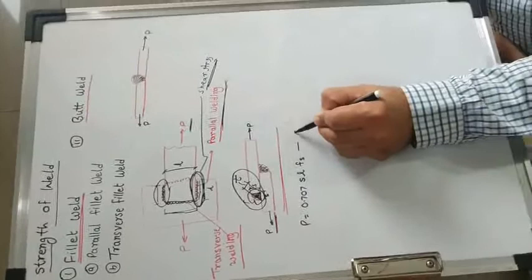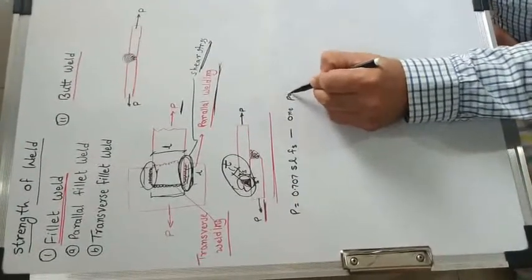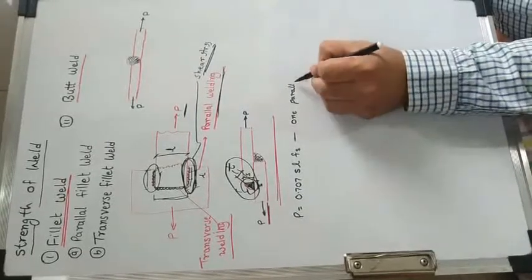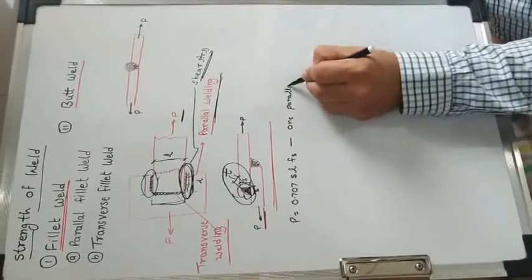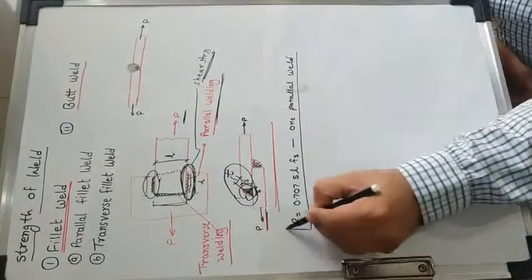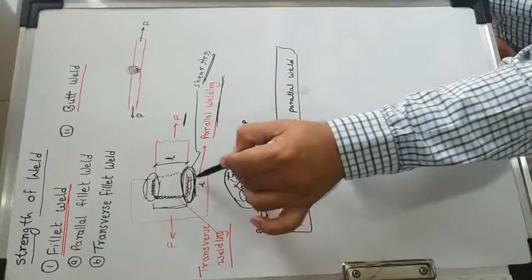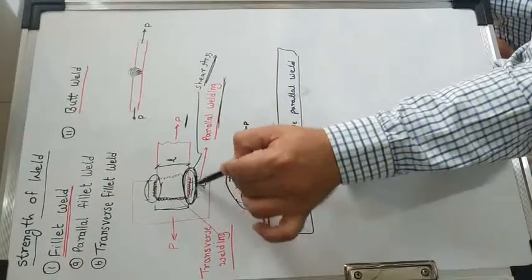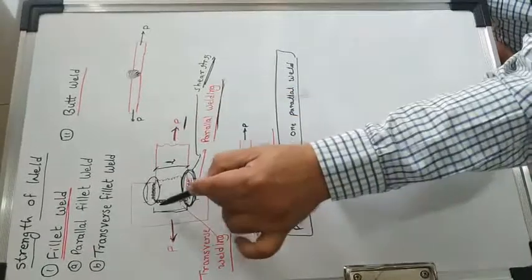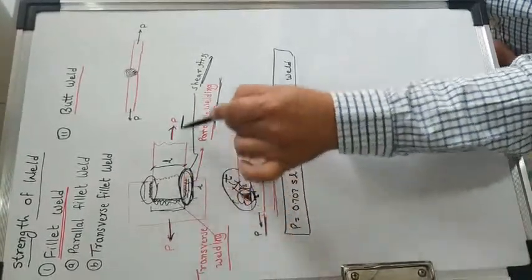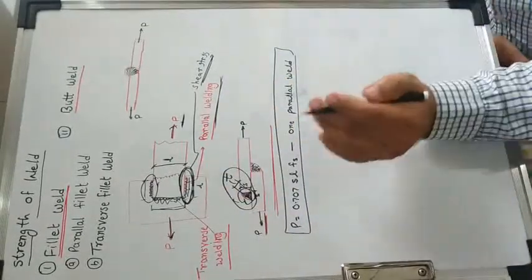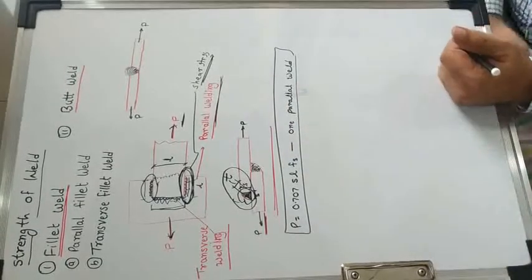This is one parallel weld. So for a transverse weld, what is the difference? The main difference is that here the stress is applied as shear stress, but for the transverse weld you are applying force perpendicular to the welding. So here it is tensile force, then the stress is tensile stress.